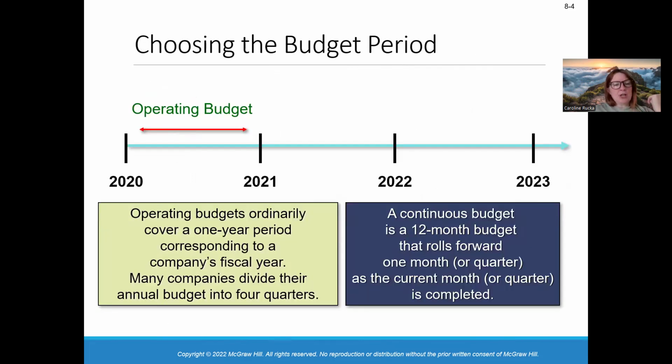So here is an example of an operating budget. It covers a 1-year period and it corresponds to the fiscal year. It can be divided into quarters, and we'll be looking at that quarterly budget in this chapter, but it can be expanded to include the entire year.